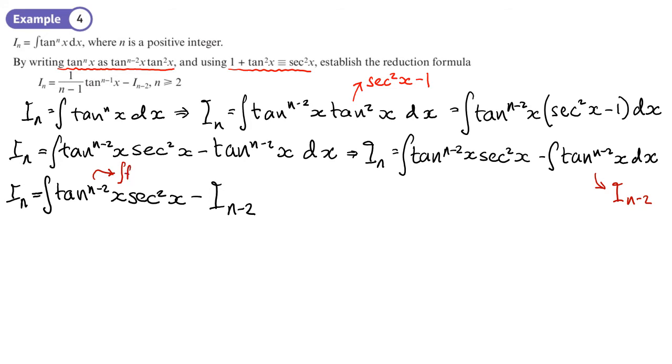So we've got f dash of x times f of x to a power n. And hopefully remember, if we've got something like that, then its integral is always going to be f of x to the power n plus 1 over n plus 1.